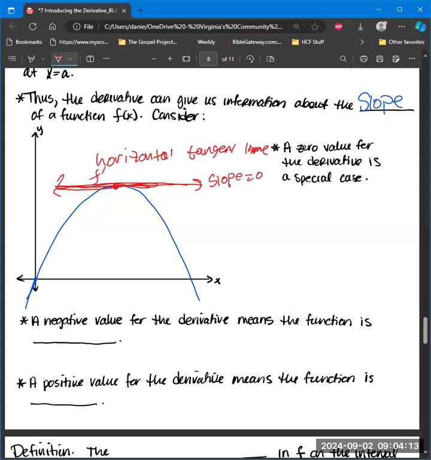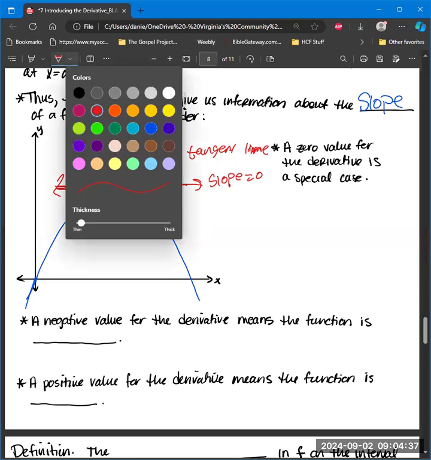So that means that f prime of x will equal 0 for this point. And we know that this is a turning point on the graph. That is going to give us, in this case, a maximum point. It could also give us a local minimum. It could be another type of special turning point that isn't going to give us a minimum or maximum.